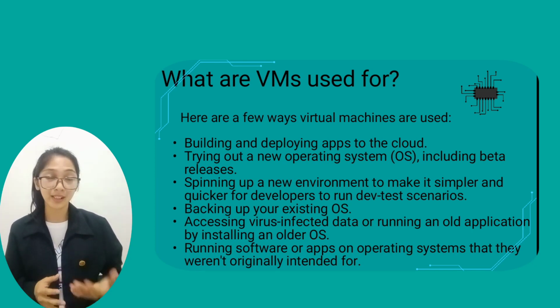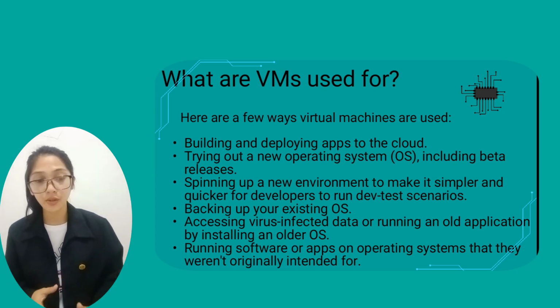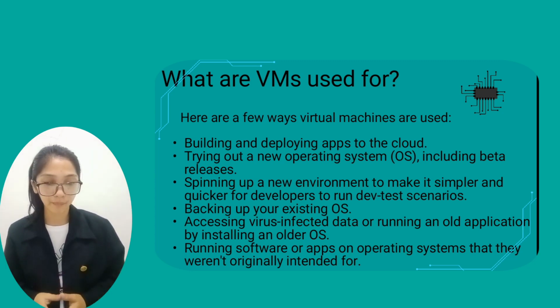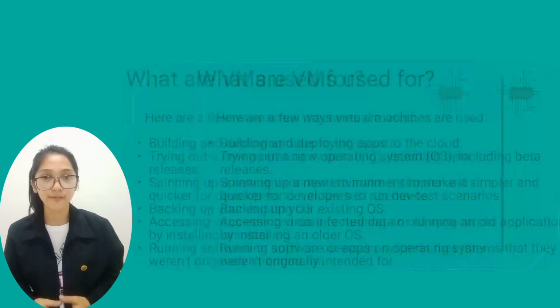Next, backing up your existing operating system, accessing virus-infected data, or running an old application by installing an older operating system. Also, running software or apps on an operating system that they weren't originally intended for.